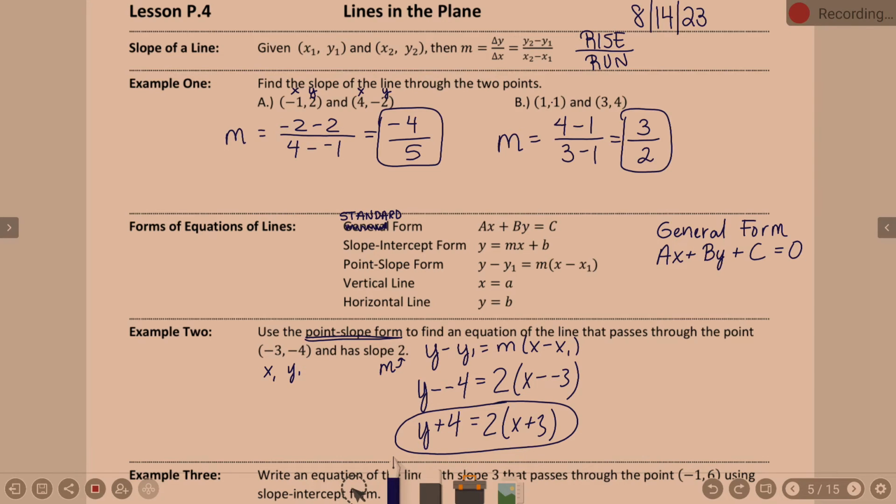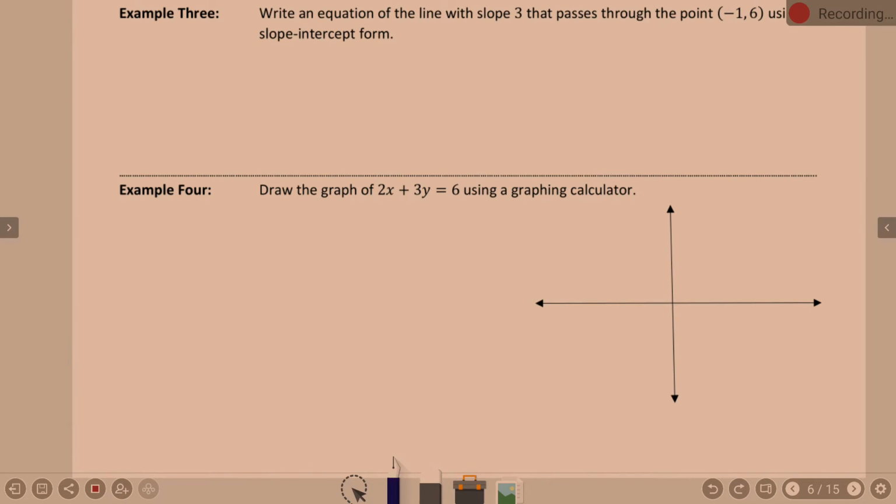Okay. My example 3 is on my next screen. Write an equation of the line with slope 3 that passes through the point (-1, 6) using slope-intercept form. Thoughts on what to do?